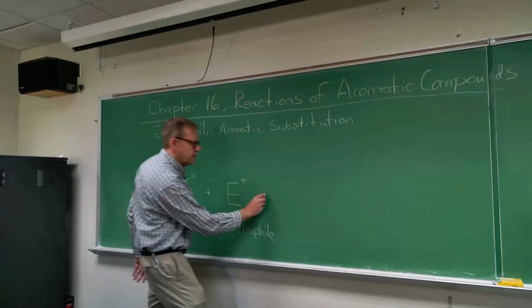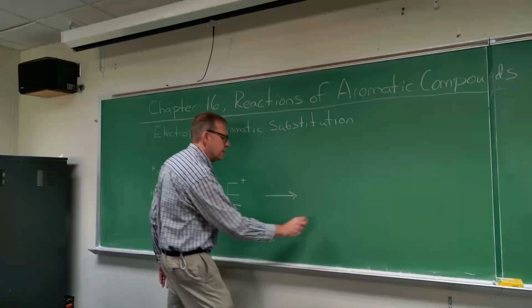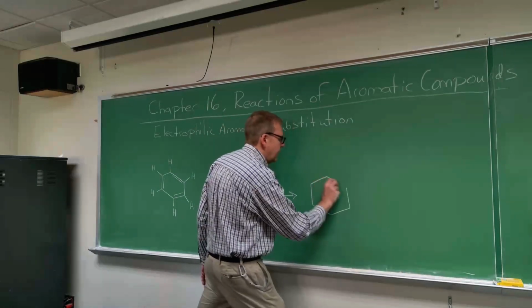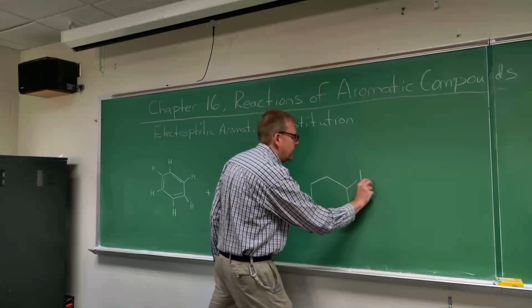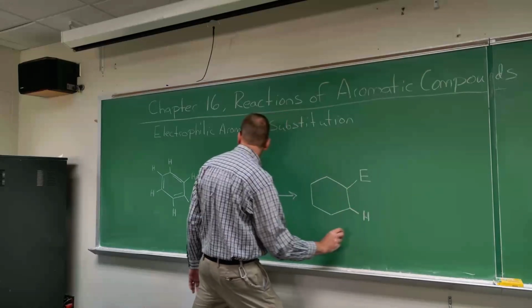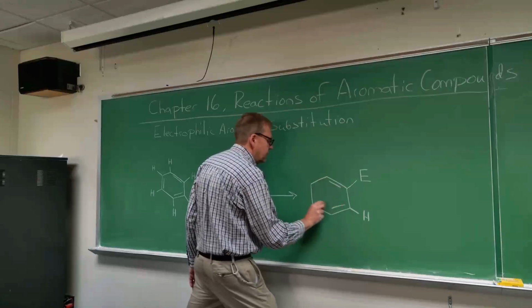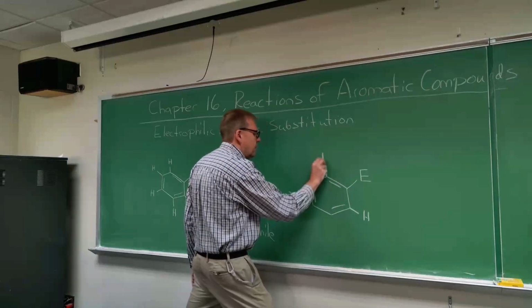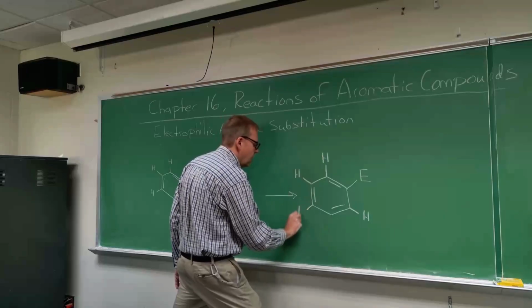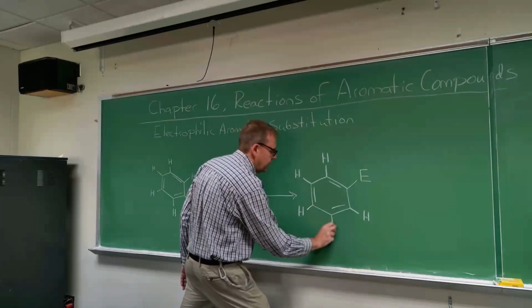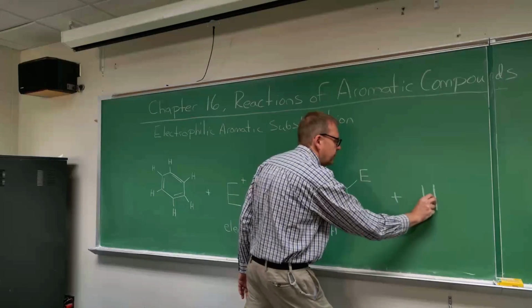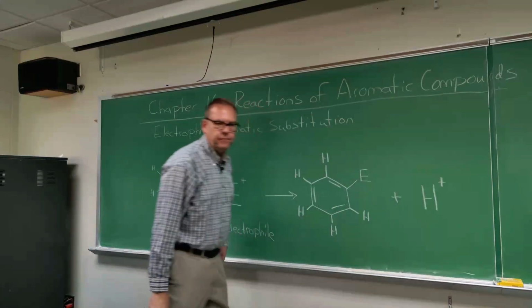And so when this electrophilic aromatic substitution reaction happens, what comes out is a benzene ring that has an E substituted in place of one of the H's. So essentially it is the electrophile E substituting for a hydrogen somewhere on the benzene ring. And then the other product would be a proton.